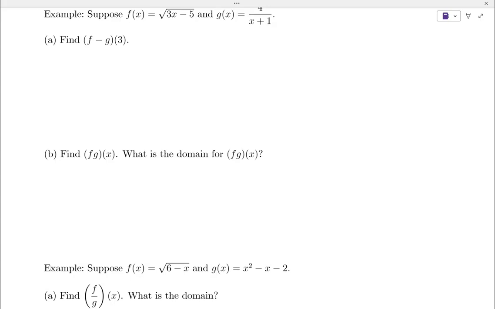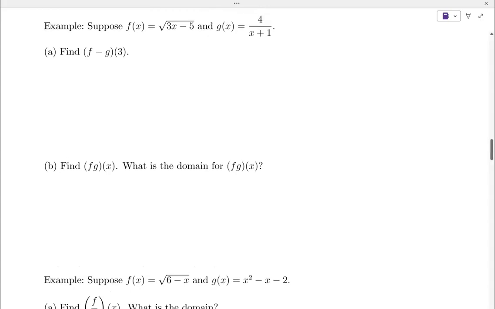Our next one says find f minus g of 3. Again, by the definition, not worrying about what the functions are at all, how do you find f minus g of 3? What do you do? Yeah, the f of 3 minus the g of 3, right? So this says plug in 3 for x into f, plug in 3 for x into g. What do you get when you put in 3 for x into f?